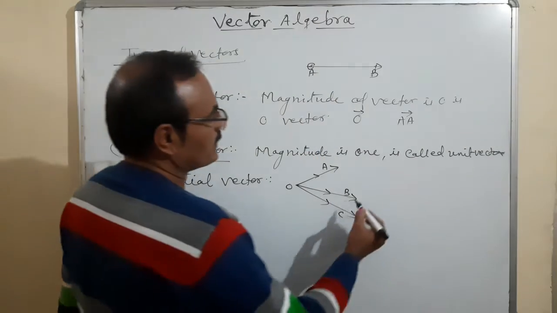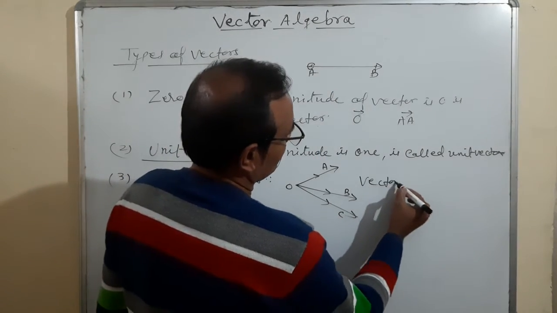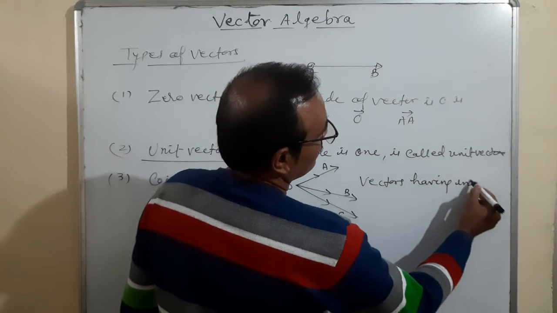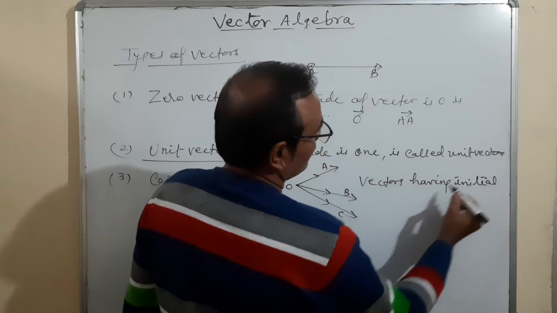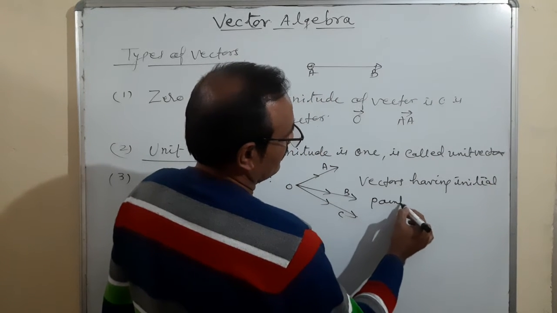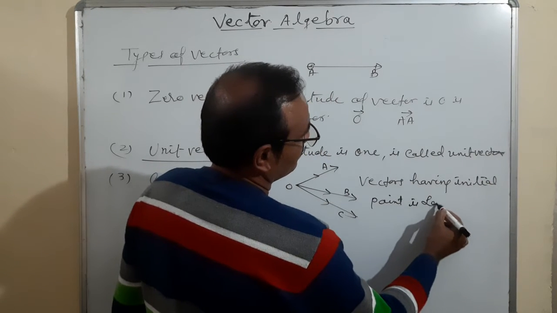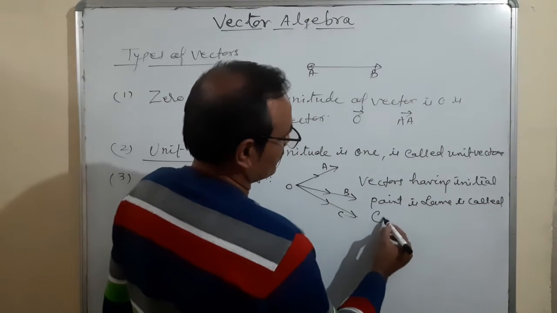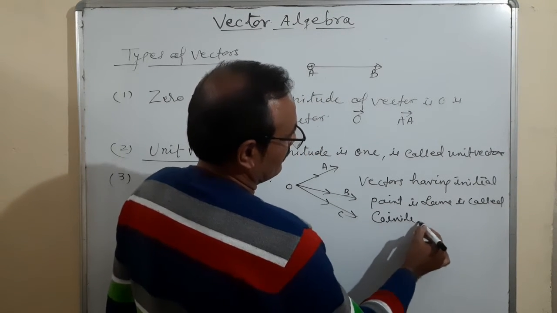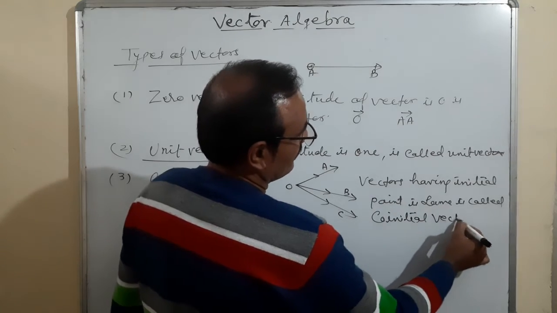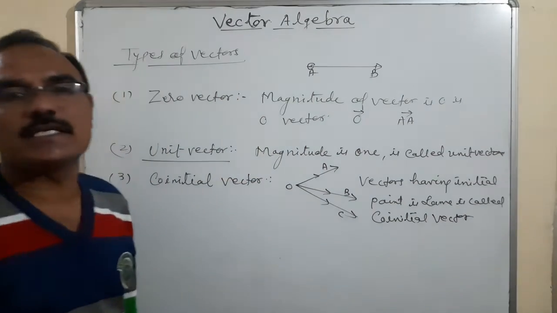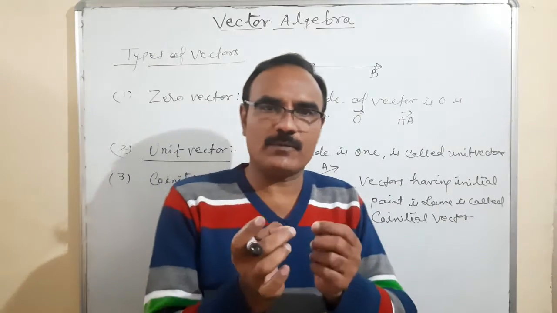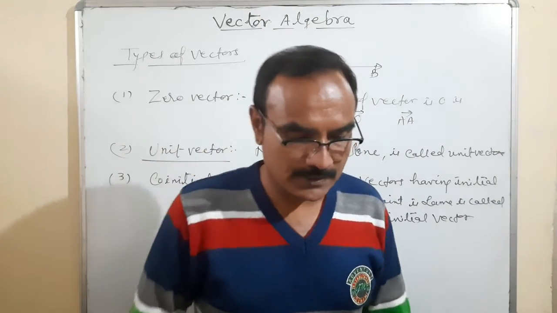Okay. So vectors having the same initial point are called co-initial. That means the vectors are starting from the same fixed point.